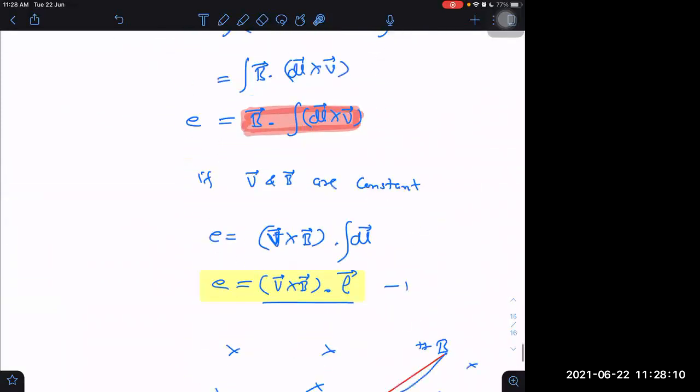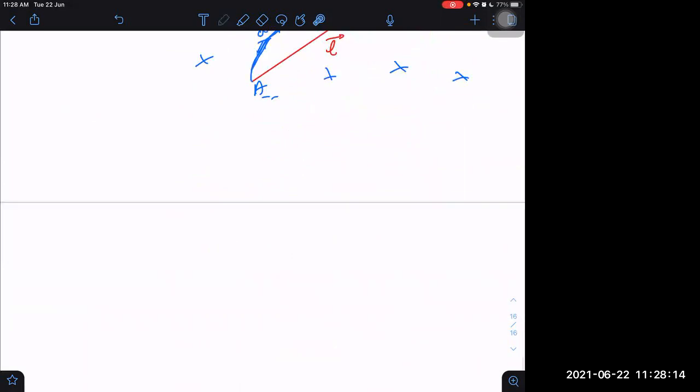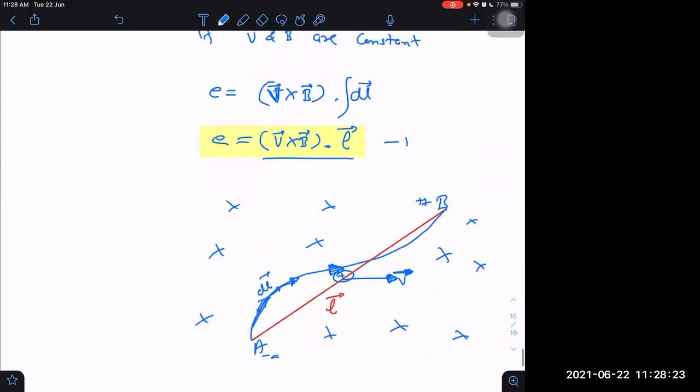Now, next. By changing the angle between V bar and B bar, what will happen? No, before that I will do one thing here. I will rotate it. If I take a rod and I start rotating it with some angular velocity omega, it is a rigid rod, let us say.